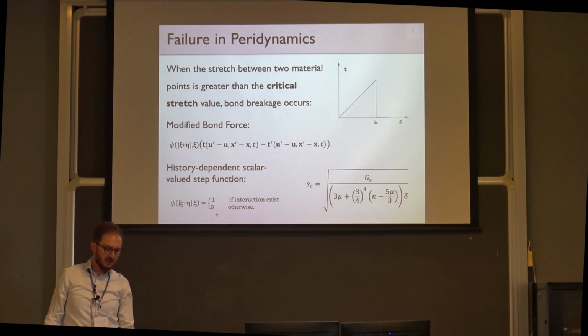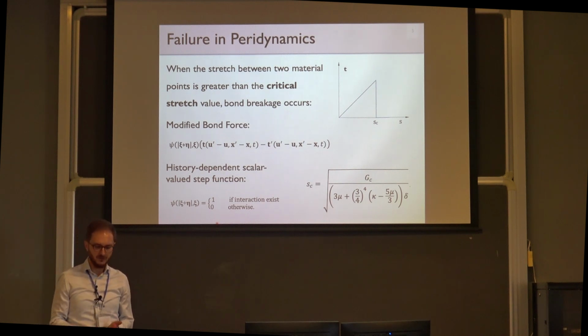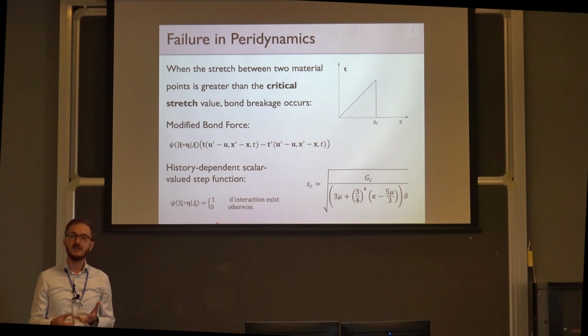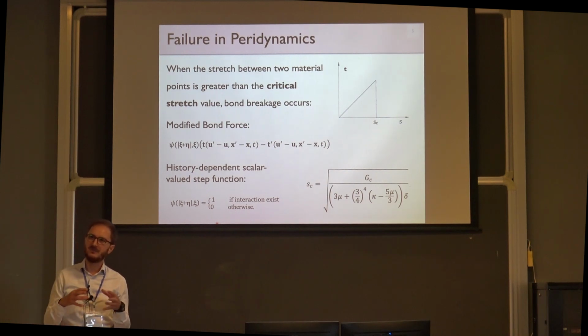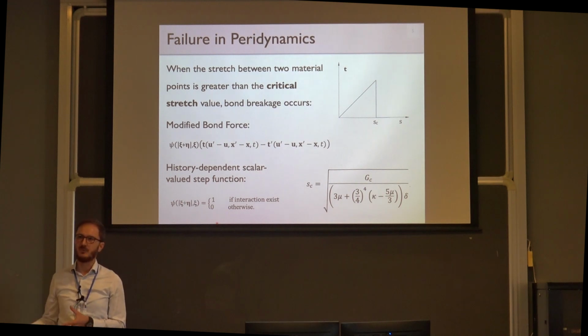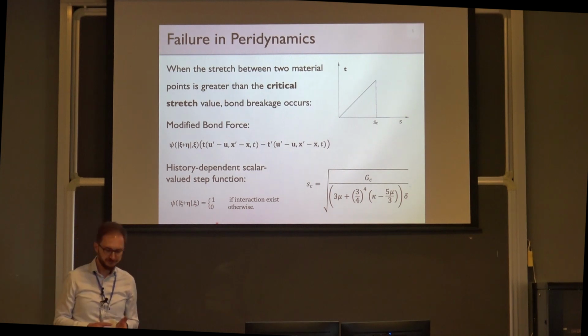As you see in the figure, the breaking of the bond between two material points is related to the bond stretch, and breaking means eliminating their interaction. They cannot interact anymore after the bond breaking. This is how PD defines damage.